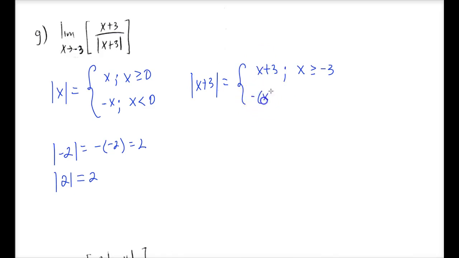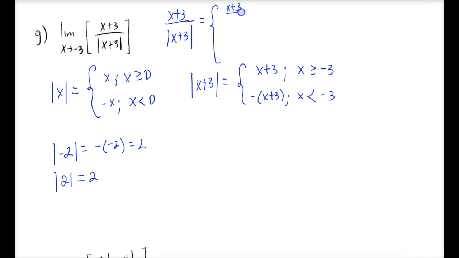And this will also be the negative of x plus 3 if these values are less than -3. Okay? So combining that, if we were to actually define what x plus 3 divided by absolute value of x plus 3 is, this would be defined as follows.